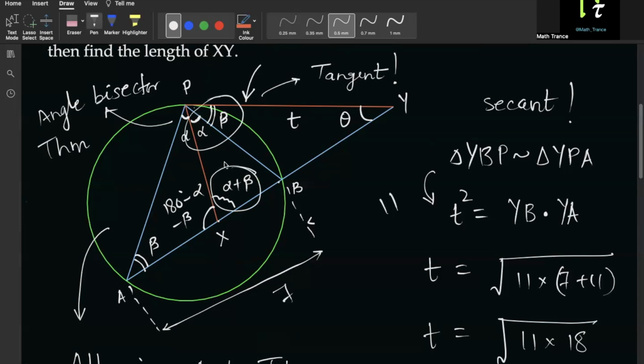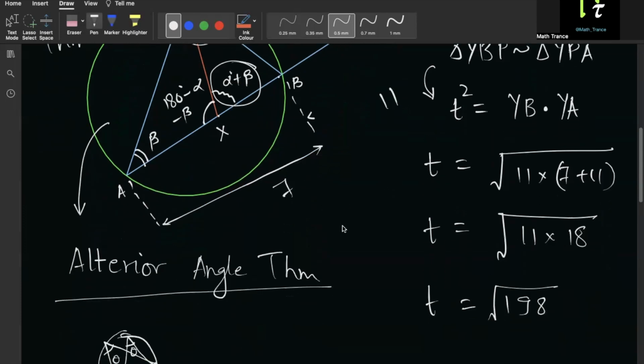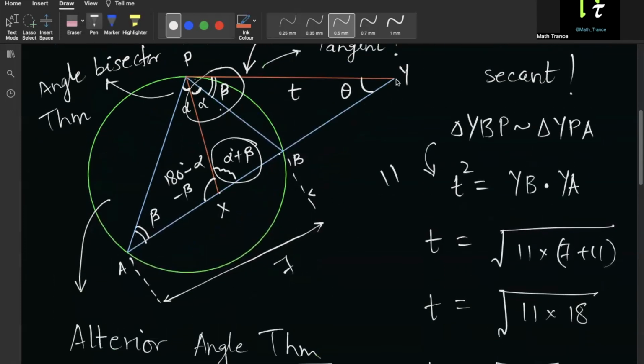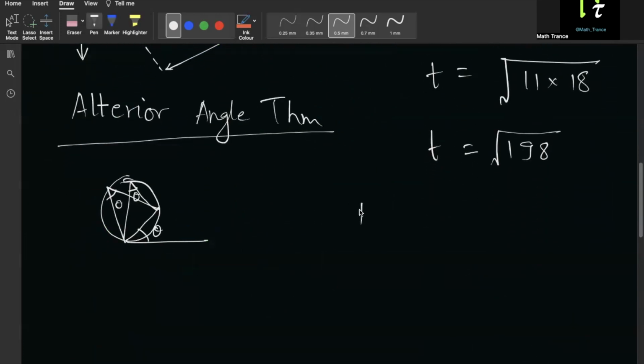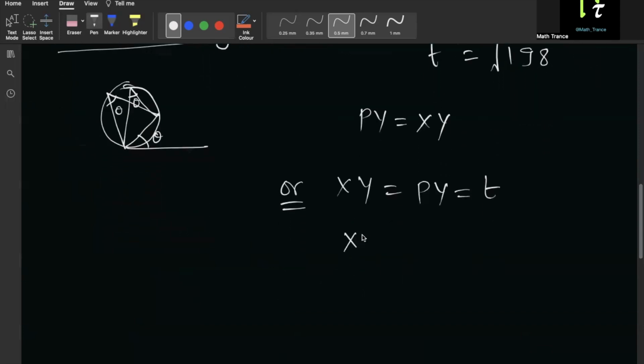Both the angles are the same. So therefore PY is equal to XY and triangle YPX is isosceles, right? PY is equal to XY, but we wanted XY, so XY is equal to PY, and PY we have already found as t, so XY is equal to root 198 units.